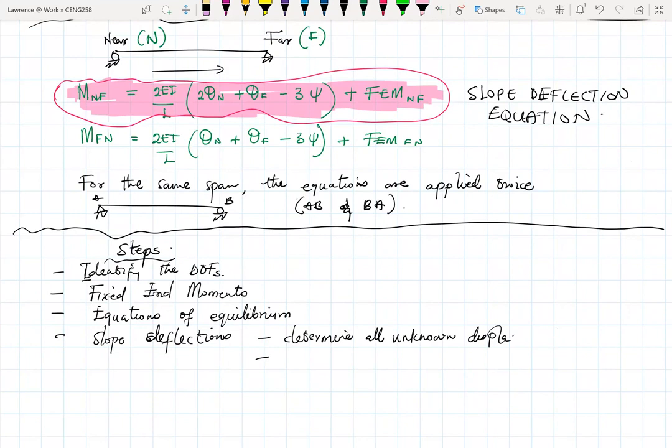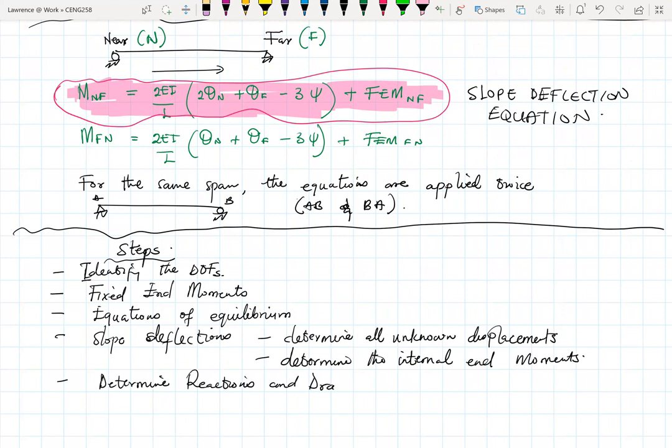So determine the unknown displacements and then also determine the internal end moments, right? So that's the M_AB and then the rest. Then the reactions, and then the diagrams, which can be shear, moment, or axial force diagrams.